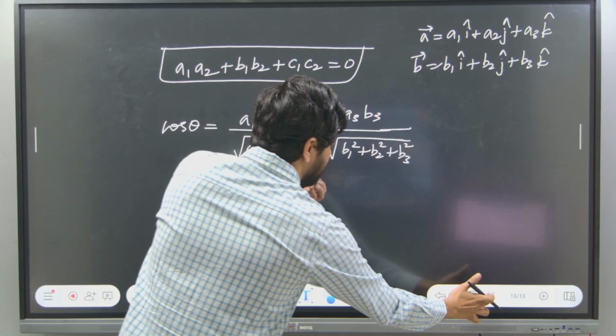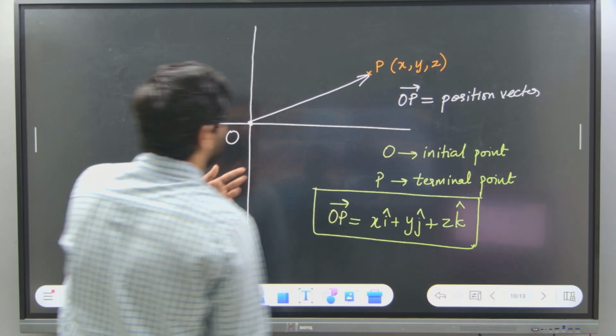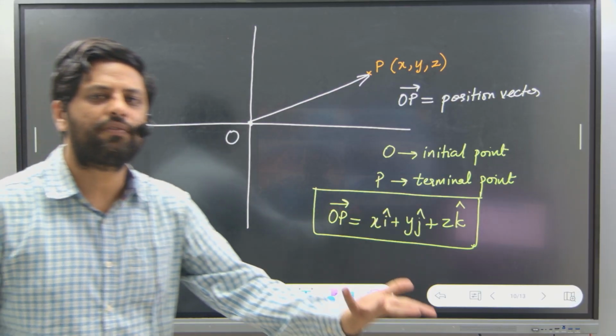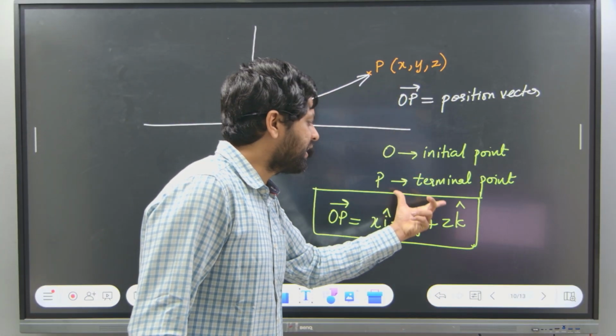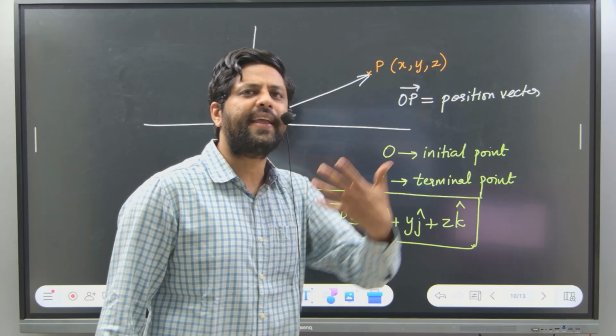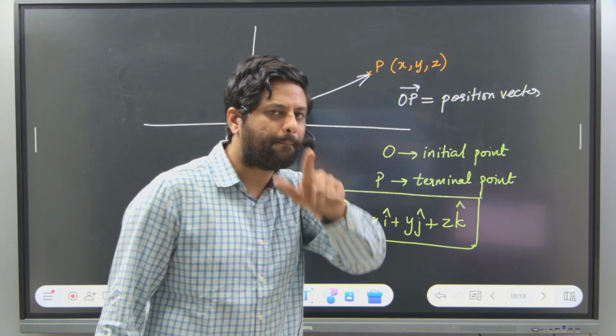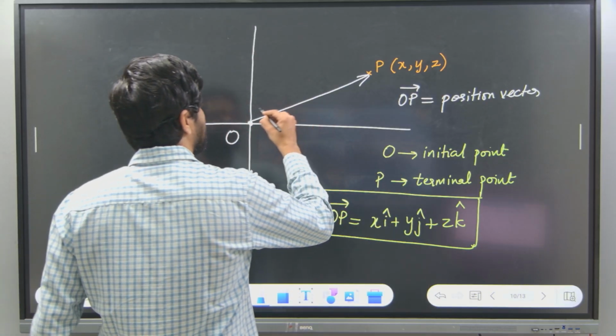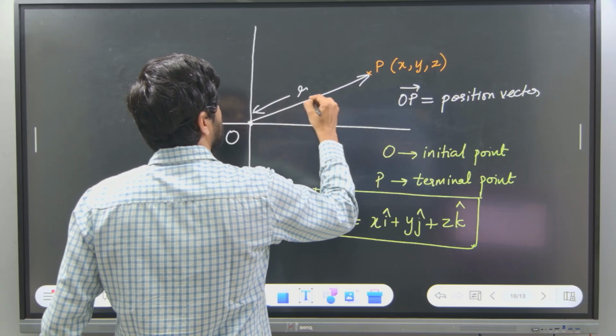Now, what exactly do we mean by magnitude? Say for example, we have a position vector. If I know the coordinates, we can write the position vector. Magnitude means the length of this particular line.